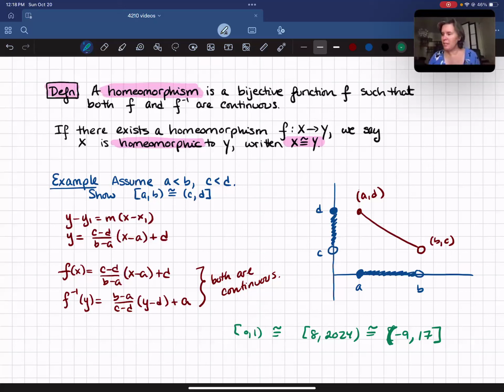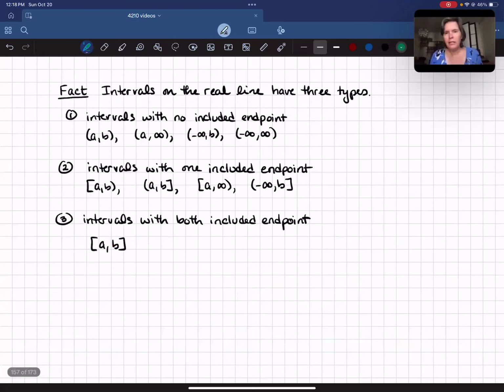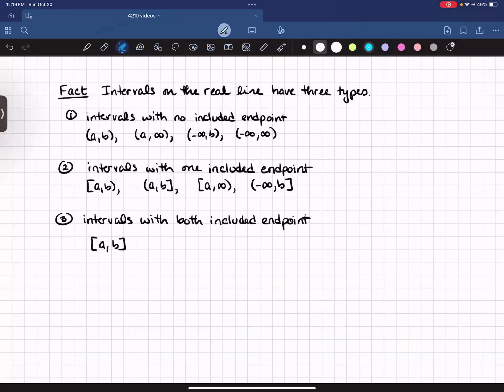And as it turns out, we don't quite yet have all of the tools to prove all of this, but all intervals on the real line have one of three types. The first one is intervals that do not include either of their endpoints. Those would be intervals of the form a comma b, an open interval, or a comma infinity, or negative infinity comma b, or negative infinity to positive infinity. The second type would be intervals that have one endpoint included and one not included.